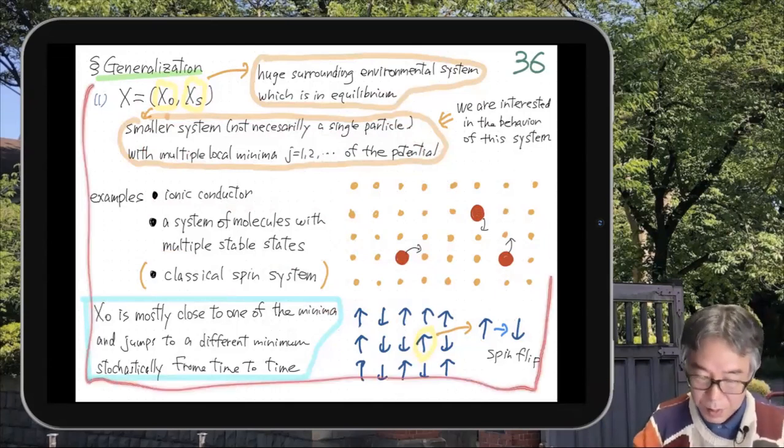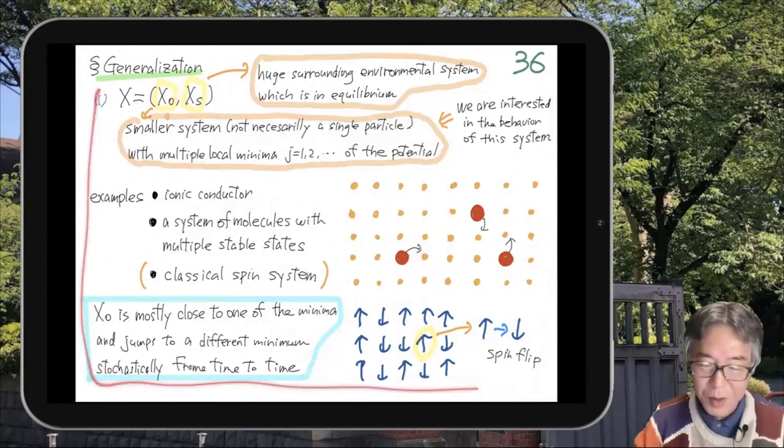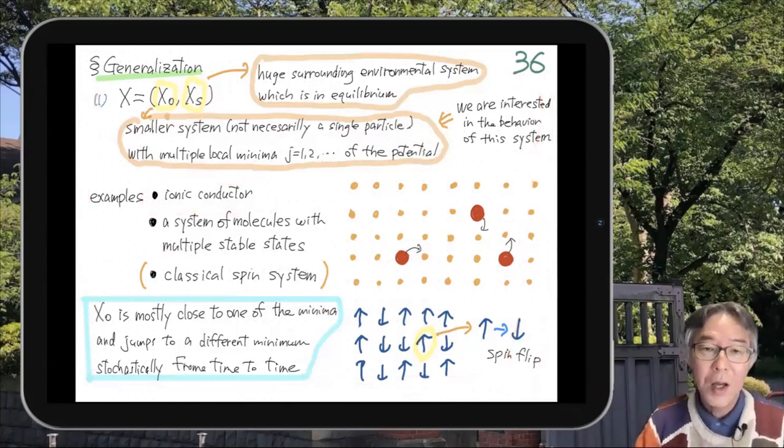So this is the kind of system that we want to discuss in parts 3 and 4. This is an important remark: we study this class of system not because we are very much interested in ionic conductors. We are interested in many different systems, but we want to discuss general results and concepts in non-equilibrium physics.